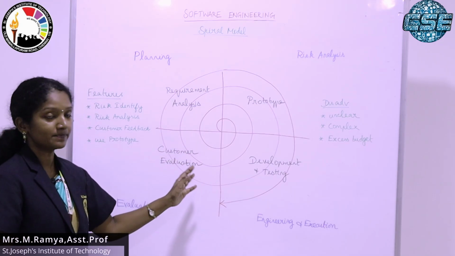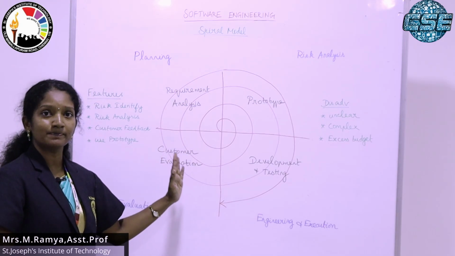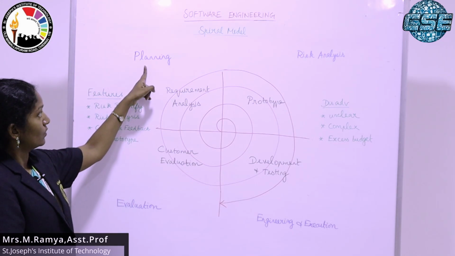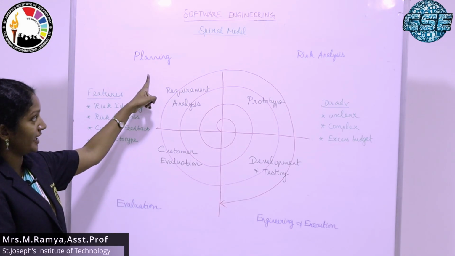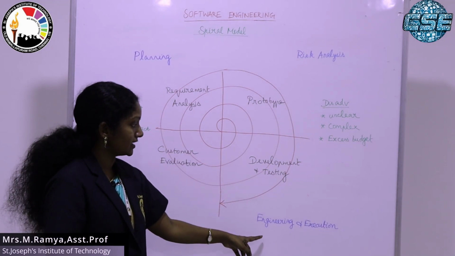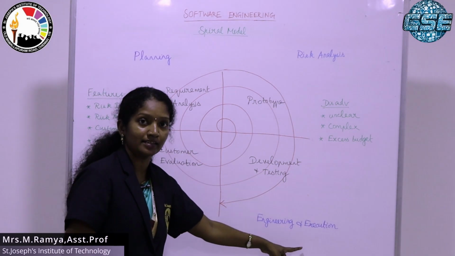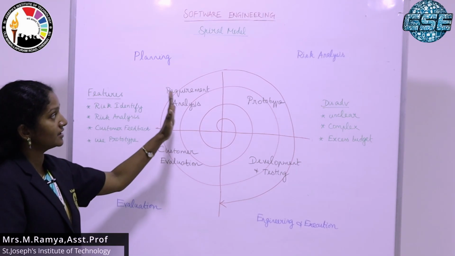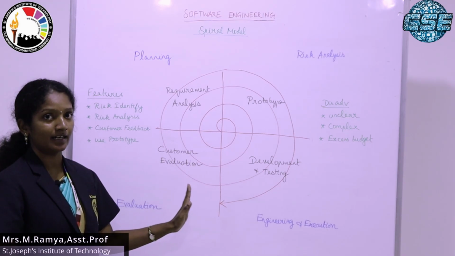If you take the spiral model, we can divide it into 4 parts. The first phase is planning, the second phase is risk analysis, the third phase is engineering and execution, and the fourth phase is evaluation. These are the 4 phases in the spiral model.